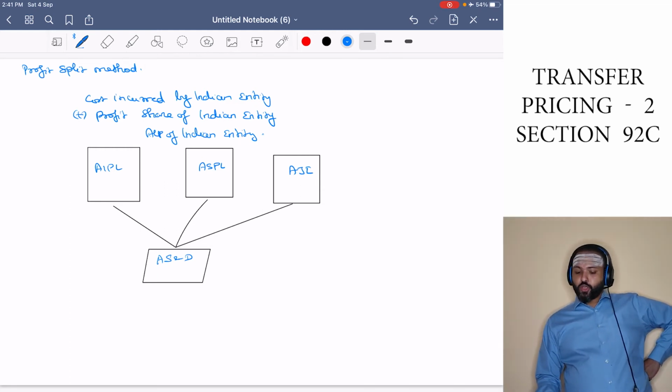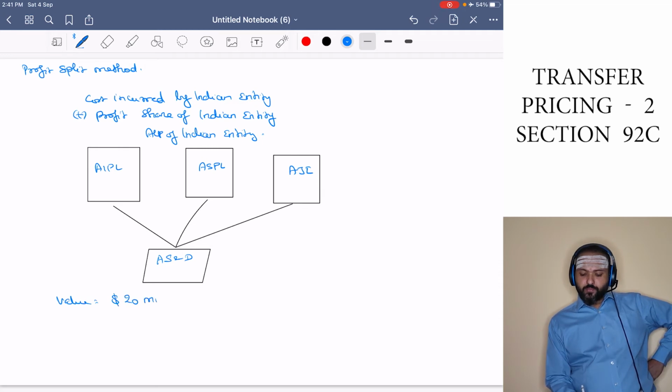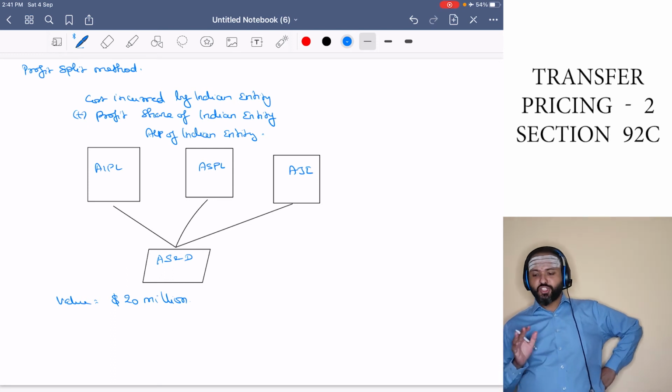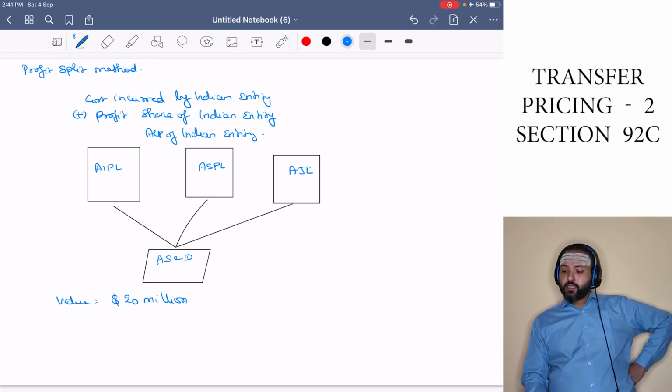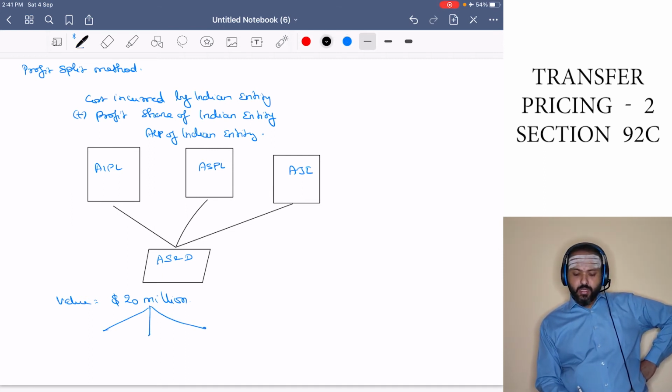The value of the project is $20 million. So this is going to be the revenue of the particular venture. Okay, and this will be split between these three entities. This 20 million will be split between Singapore, India and Japan.